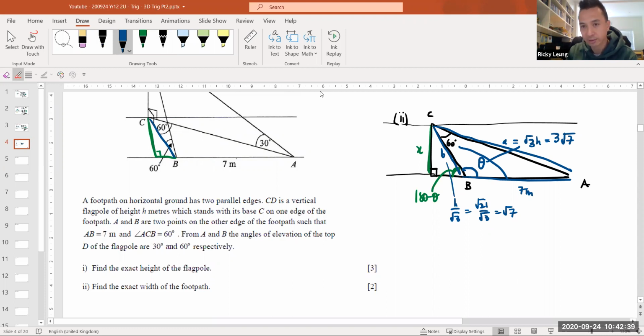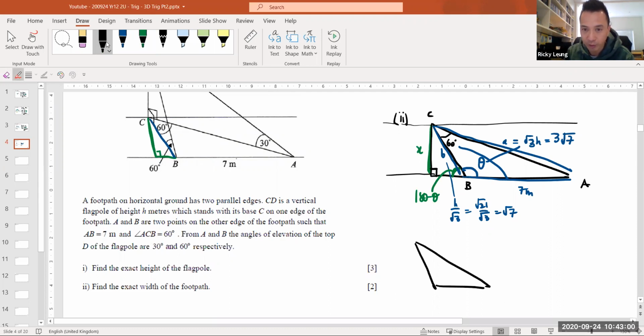Using sine rule, I can find an expression for sine alpha, so sine theta. Using that sine theta, I'm going to use SOHCAHTOA in the other triangle, maybe I'll call it the green one, and then find myself the value of x. So let's do this.